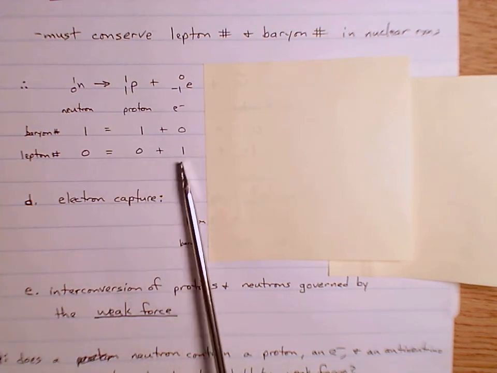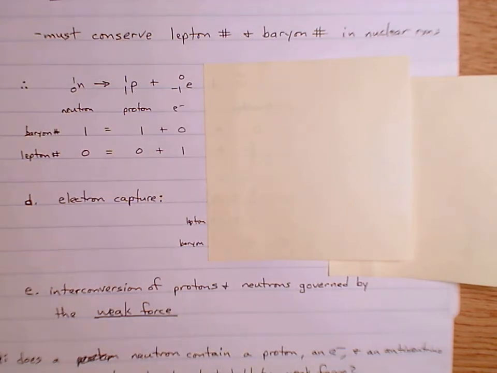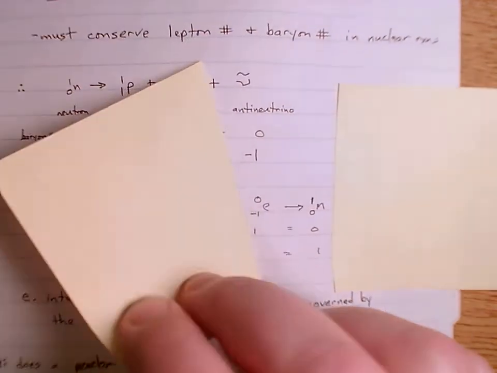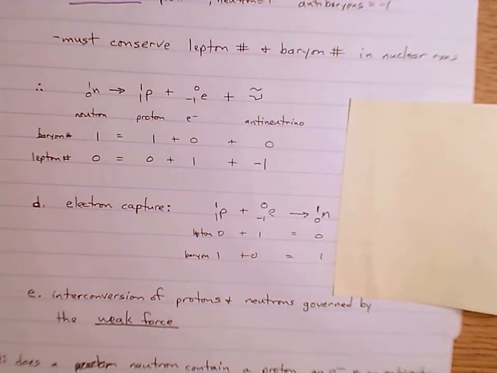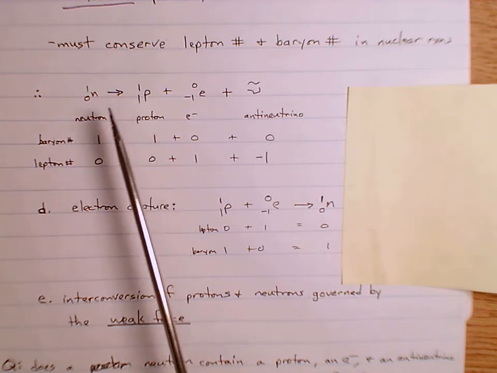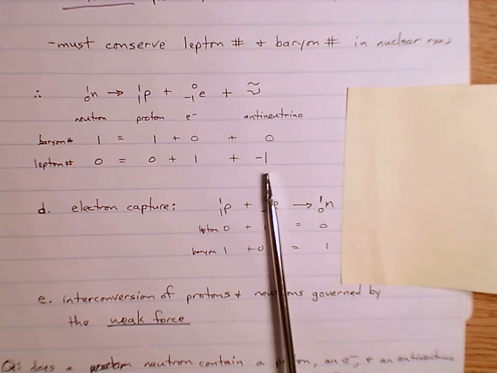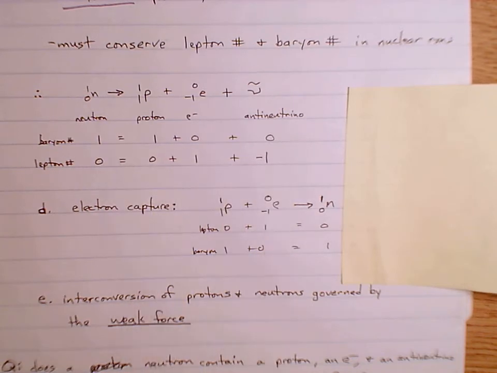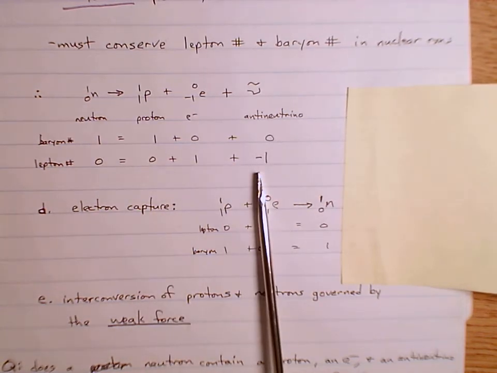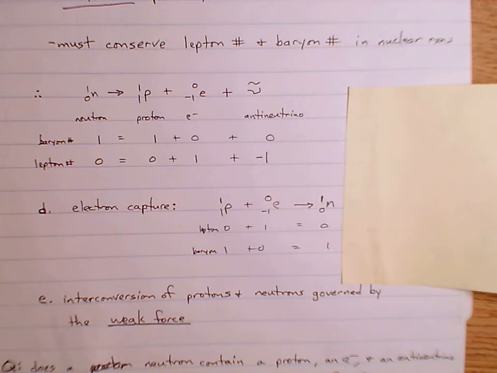And so we realize if this is a plus 1 on here, and we need this side to equal 0, we need an antineutrino on the product side. So whenever a neutron decays into a proton plus a beta particle, it also releases an antineutrino. A little bit more energy is given off. Not mass, energy is given off in the form of an antineutrino. And its antineutrino we know is given off because our lepton numbers have to add together and the neutrinos are given off. They're not taken in.